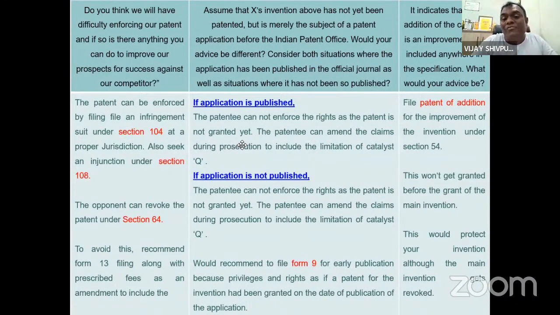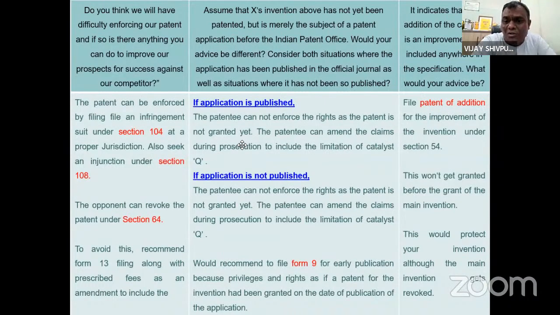Now, what if the application... in that case, of course, what you can do is you can include that limitation of catalyst Q at any point of time, at whatever stage your application is, in the FER reply, at the time of hearing, written submissions, or a voluntary amendment, you can include Q so that your case is stronger now and there is no chance of revocation.